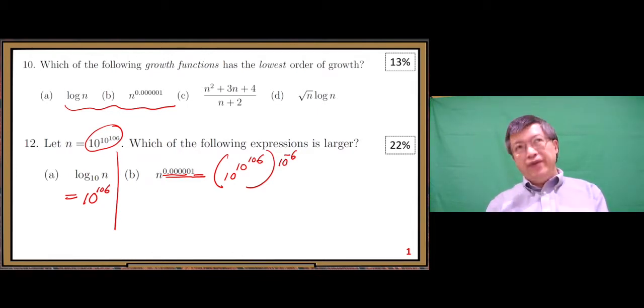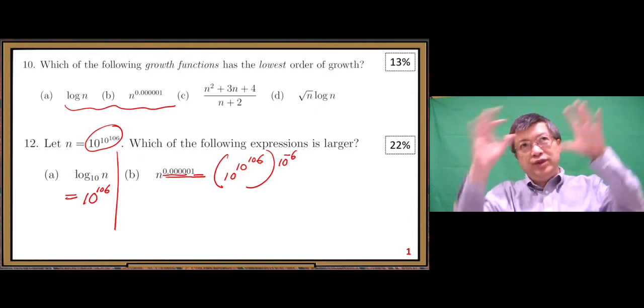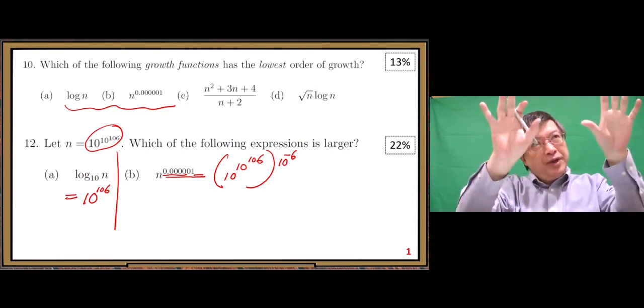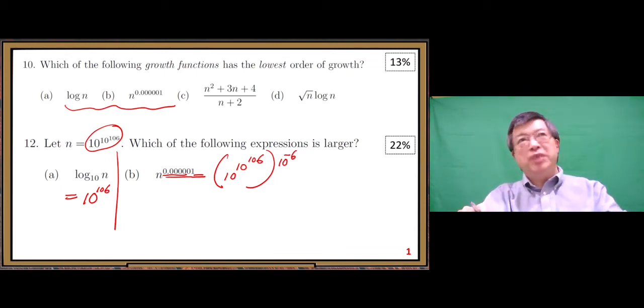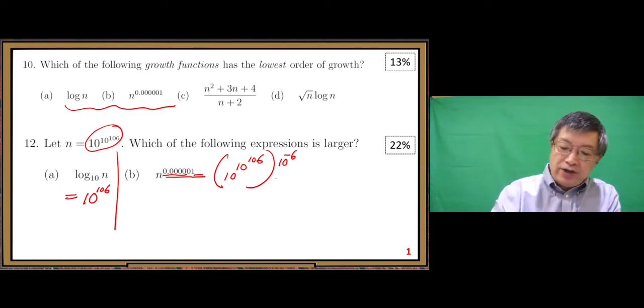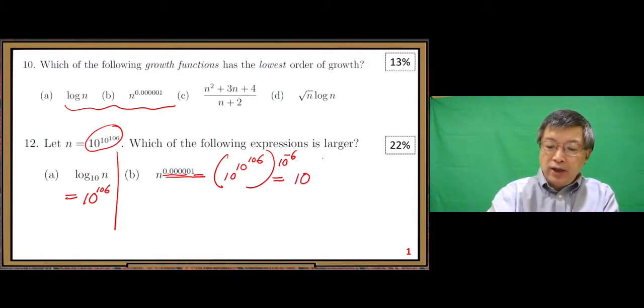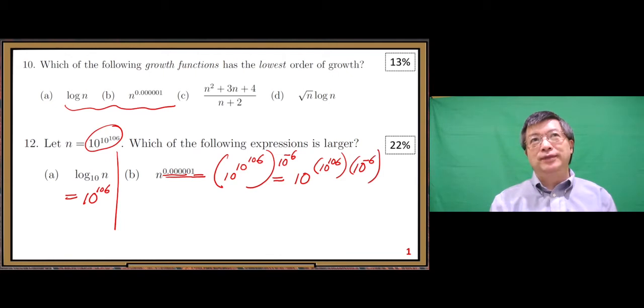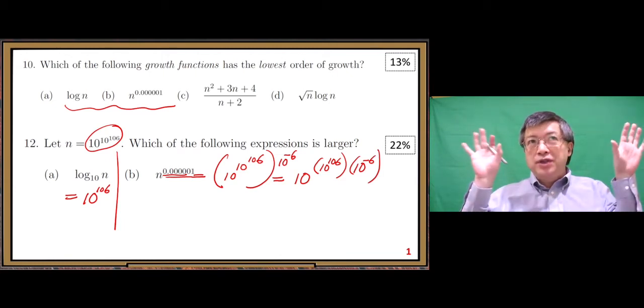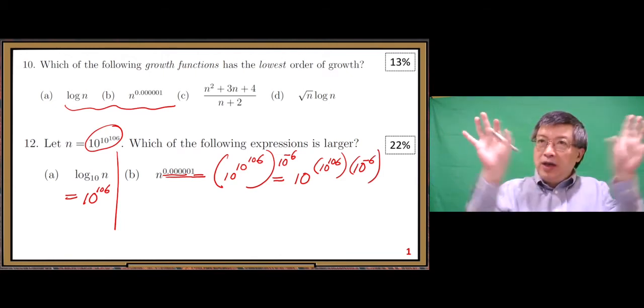In this way, we just work on properties of exponential functions. The first property: the exponent part should be the product of these two numbers. Whatever those two numbers are, we do multiplication.